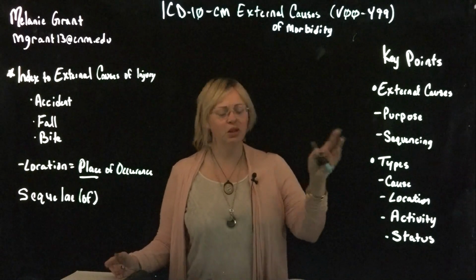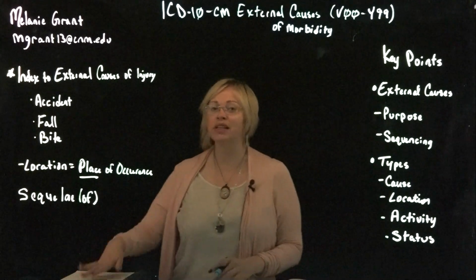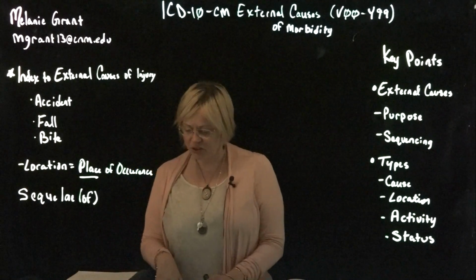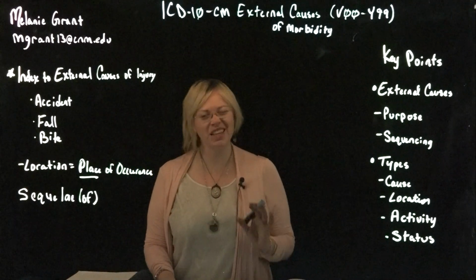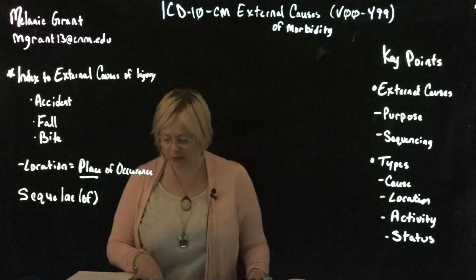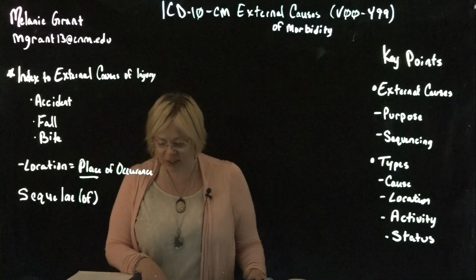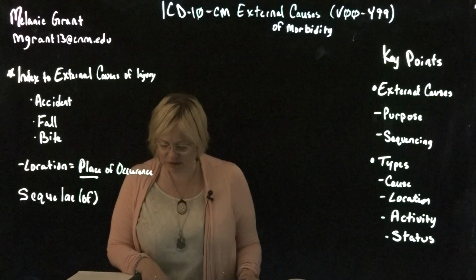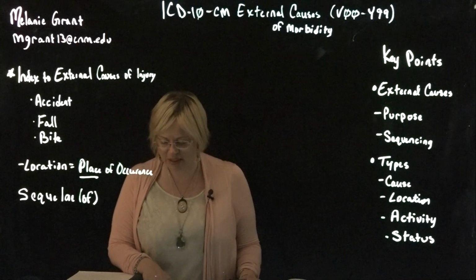So the purpose, and I'm going to read this directly from our ICD-10 CM Chapter 21 under the notes that are listed for you, because I think this is really important to understand. This chapter permits the classification of environmental events and circumstances where the case of injury and other adverse effects.